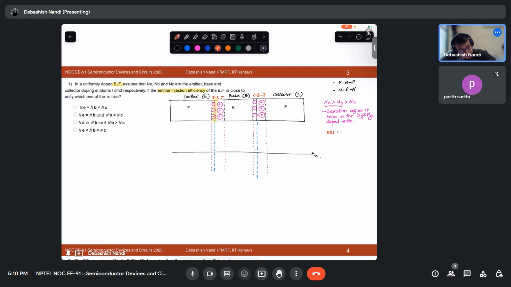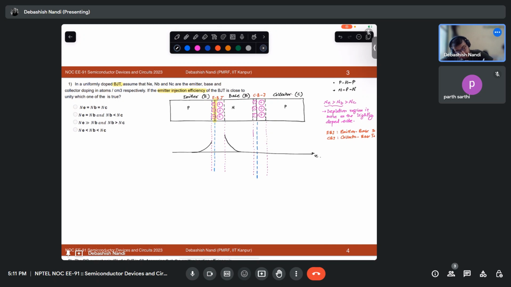EBJ is the emitter base junction and CBJ is the collector base junction. So let's say this would be your carrier concentration profile.